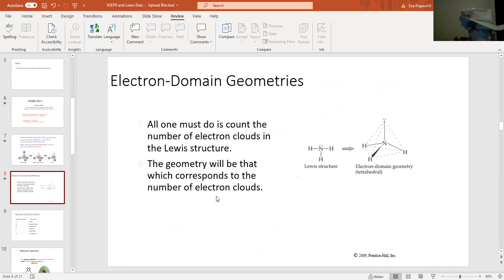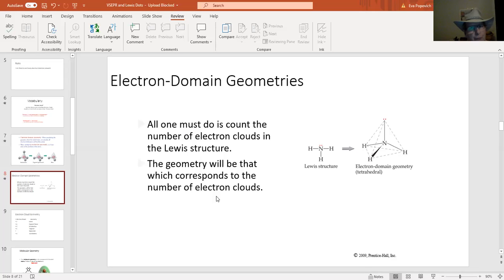In order to determine my electron domain geometry, remember, my electron geometry is incorporating everything. It's incorporating the lone pairs and the bonding atoms. My molecular geometry cannot see lone pair electrons, can't see electrons.